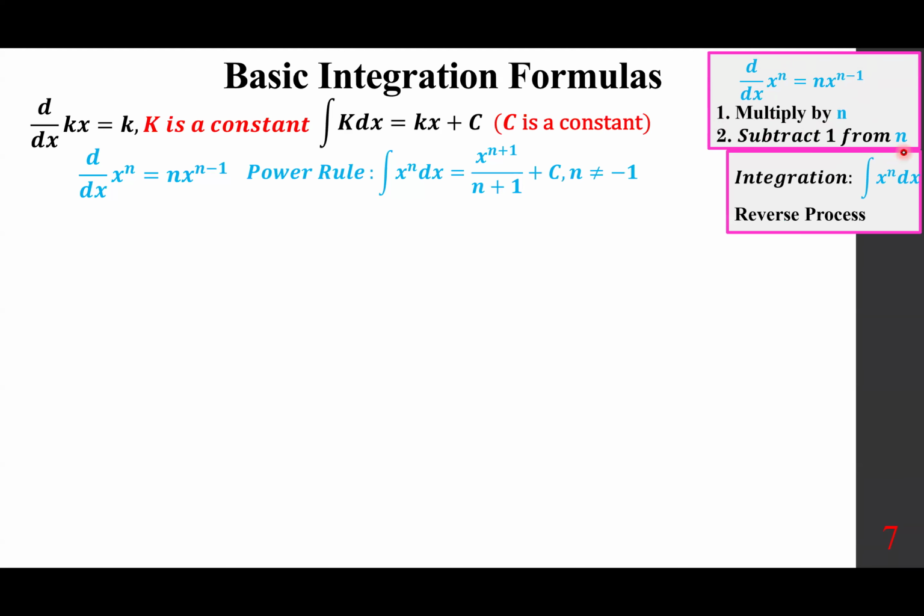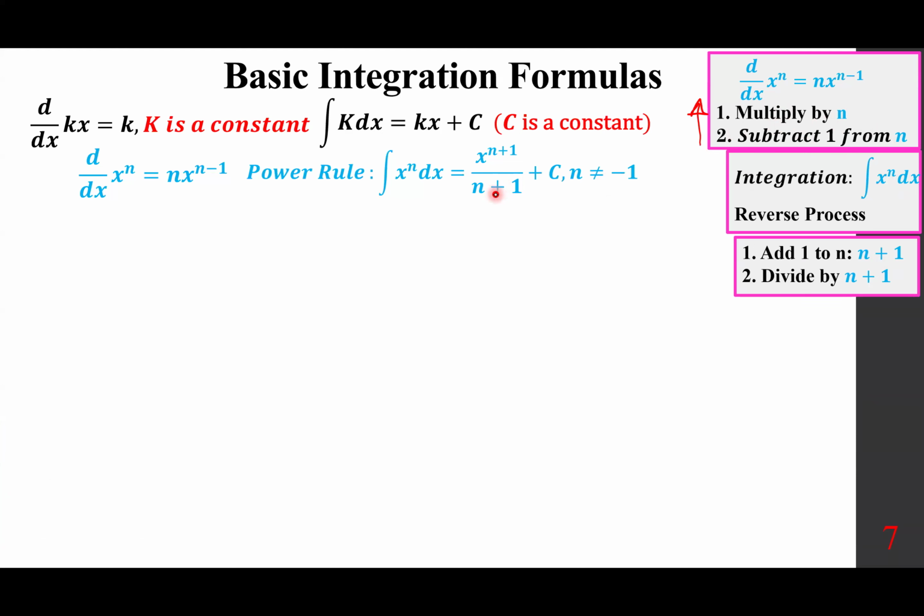If I want to integrate, I go with the reverse process. Instead of subtract, add 1 to n. You get n plus 1. Instead of multiply by n, divide by it, which is the n plus 1. And that's exactly what we get here.